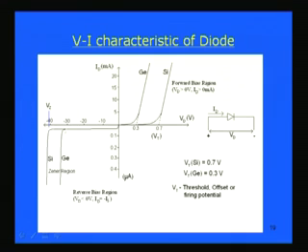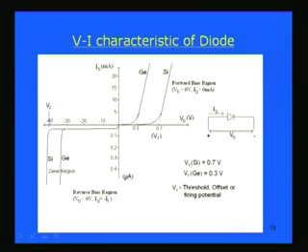This breakdown of the diode happens because when you go on increasing the reverse bias potential, the electrons in the semiconductor get very high kinetic energy to break open from the covalent bonds and make themselves free, and this will again knock out other electrons, and this process will continue. It is like a chain process.